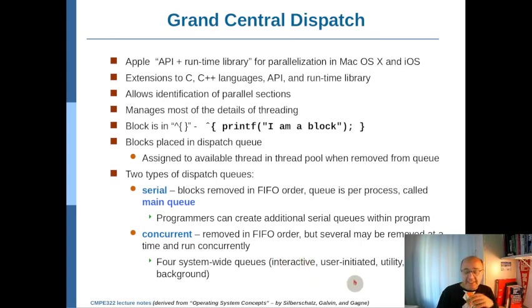User initiated tasks are one level down in priority. There are the utilities, which are run typically when there is an opportunity, but they don't require interactivity, so they can be delayed as necessary.